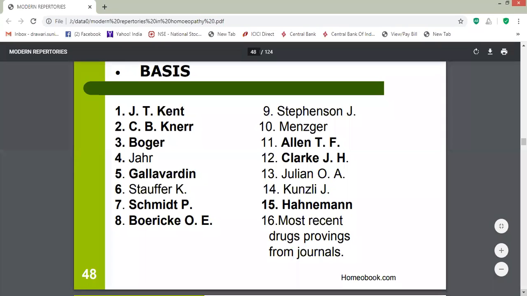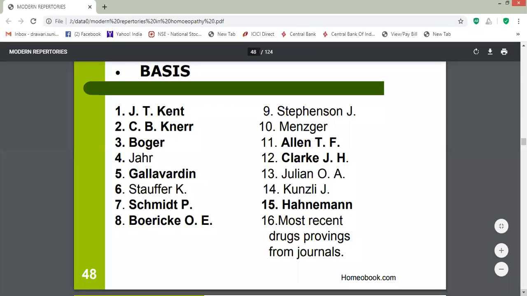Then Stauffer's work, that is Symptom Index. Then Smith's work, that is Annotations in Kent's Repertory. Then Boericke's Pocket Manual of Homeopathic Materia Medica. Then Stephenson's Materia Medica and Repertory as well as Hahnemannian Proving.